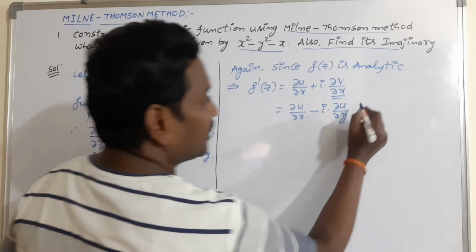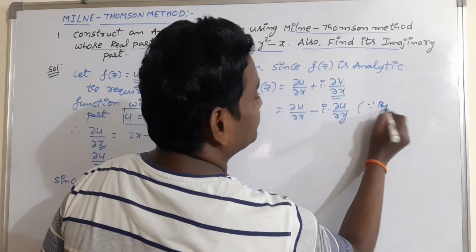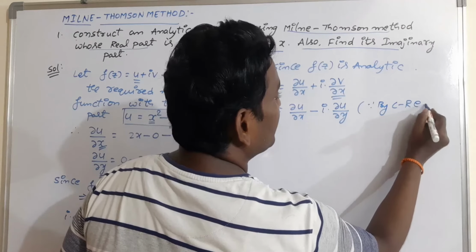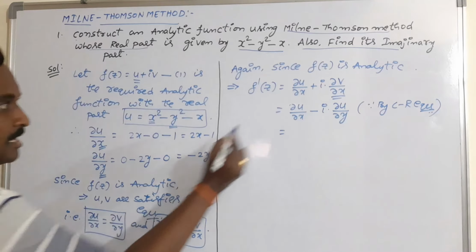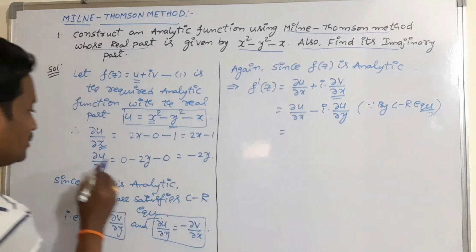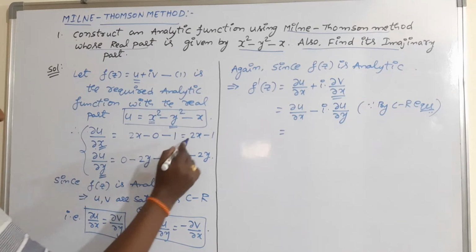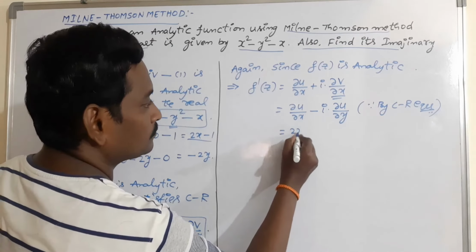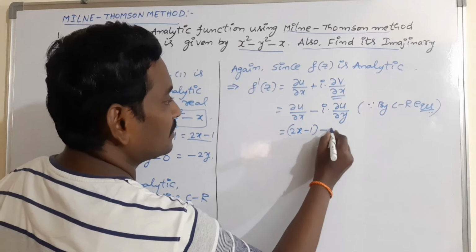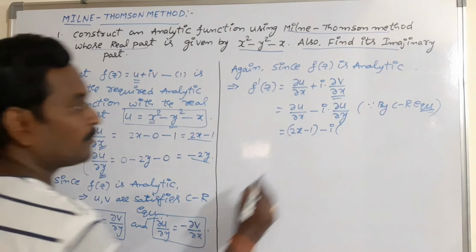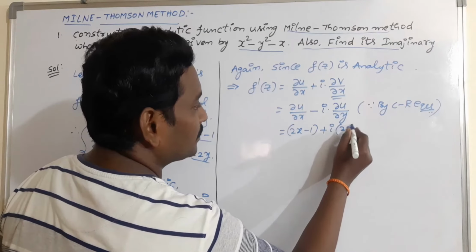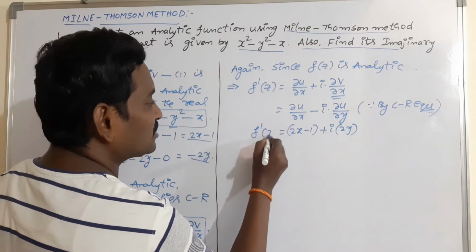Since by CR equations, what is dou u by dou x? Already we found this one here. Dou u by dou x is nothing but 2x minus 1, minus i into, what is dou u by dou y? It would be negative 2y. So minus of minus is plus 2y. This is the value of f dash of z.